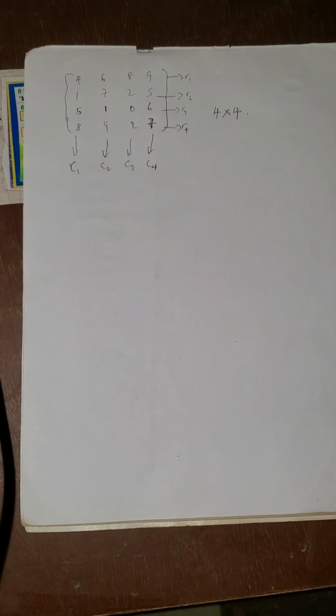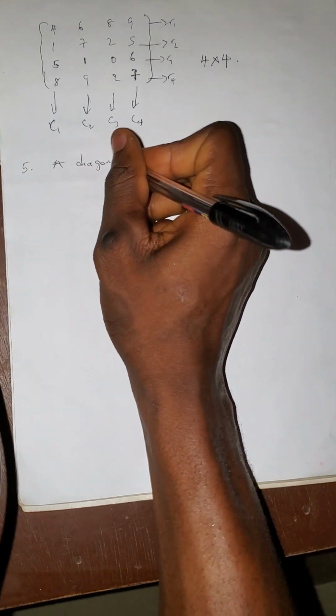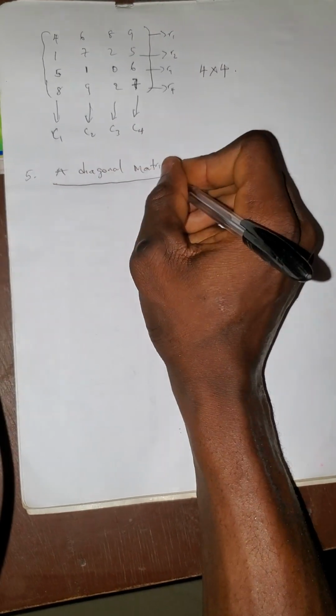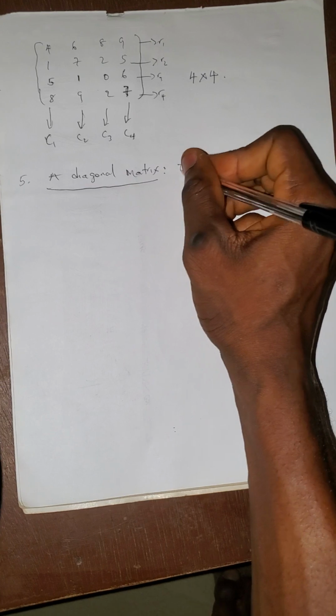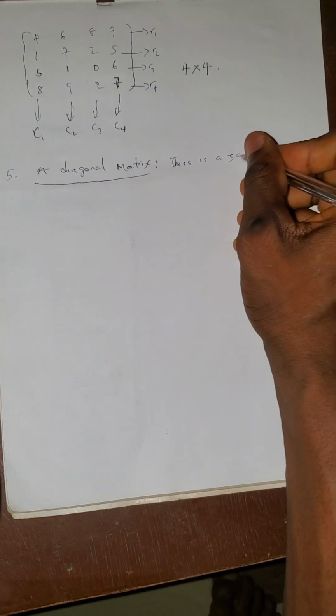Number 5. Number 5 talks about a diagonal matrix. What's a diagonal matrix? This is a square matrix.